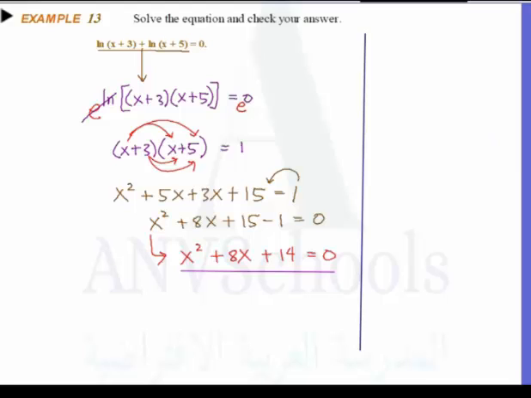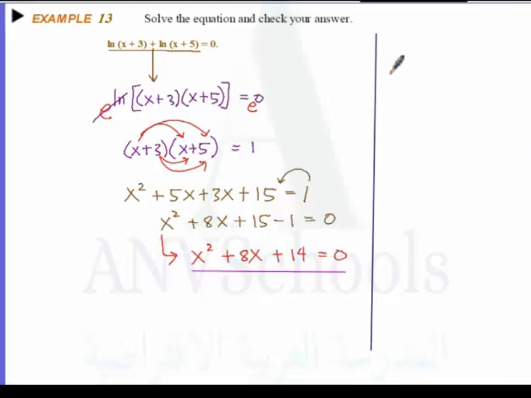The quadratic formula is x is equal to negative b plus or minus the square root of b squared minus 4ac, all over 2a. And of course, I have to identify what my givens are. What are my a, b, and c?